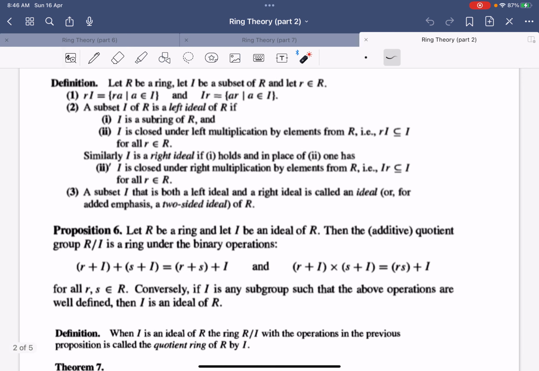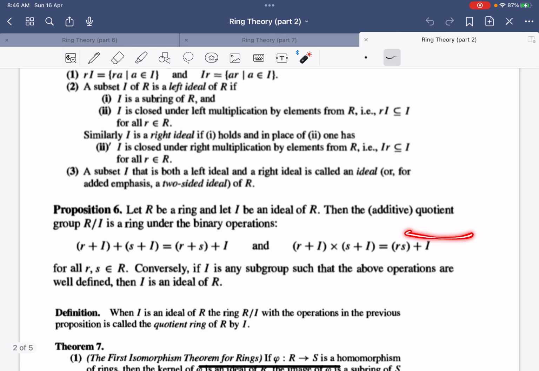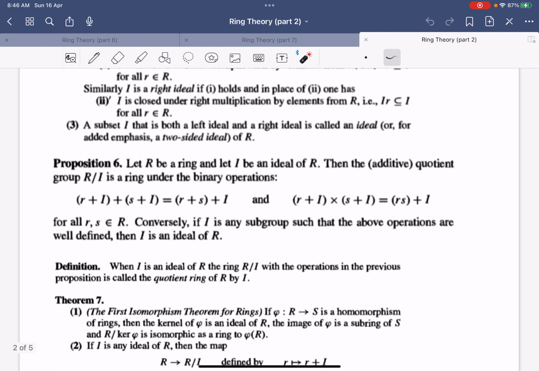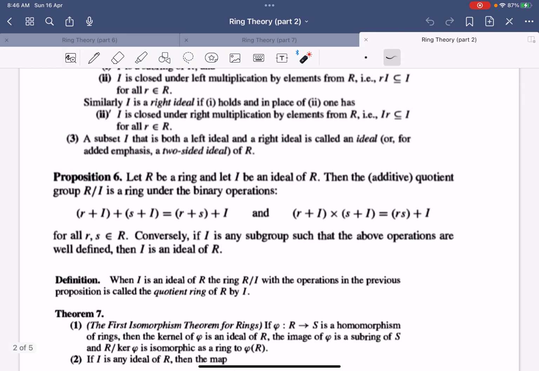And so with this property now, you're able to define the quotient group to be a ring under the binary operations, addition and multiplication respectively. And these operations will be well defined now. So it is analogous to group theory where you have a normal subgroup.